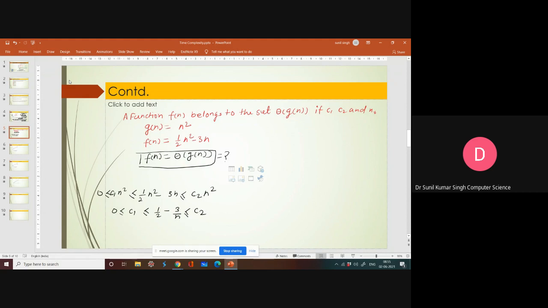So here, if we have C2 greater than or equal to 1 by 2, then this condition is going to hold, because n cannot be less than 0. It cannot be less than 0 because n belongs to the set of natural numbers, as already mentioned.